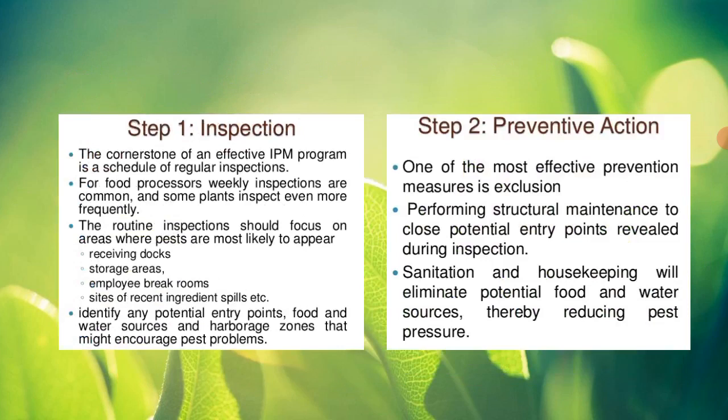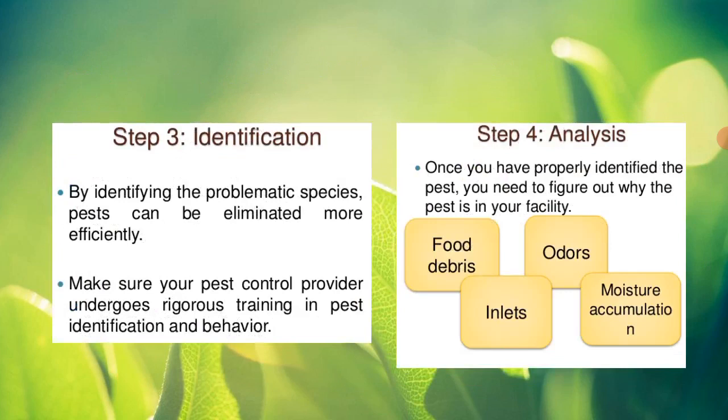Now in that we studied the first two steps, that is the inspection and the preventive actions. So the third step in the integrated pest management program will be identification. Now we have inspected the place, right? Now we know where the pathogens are entering and which conditions promote their growth.